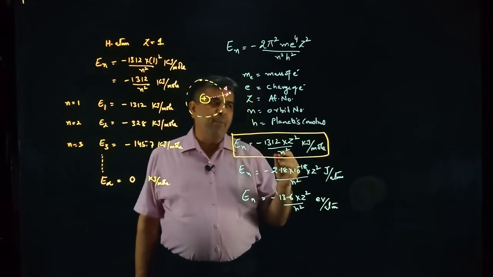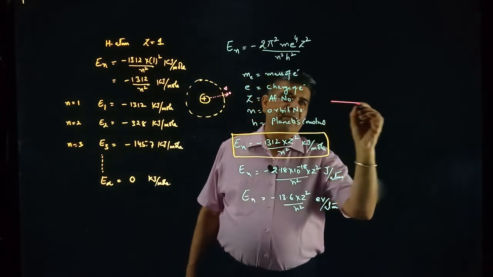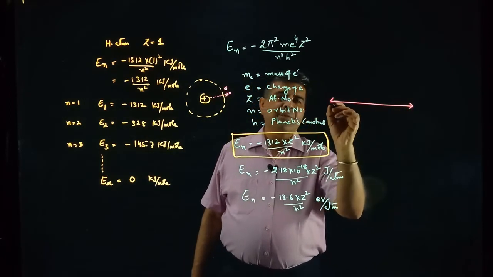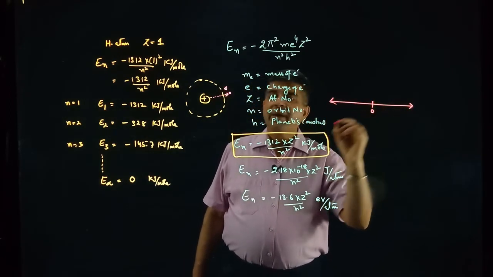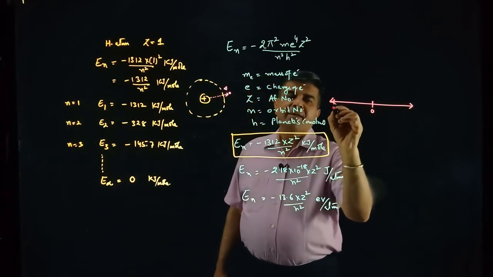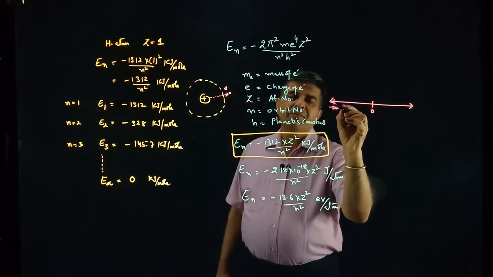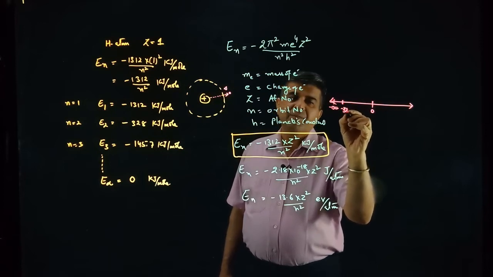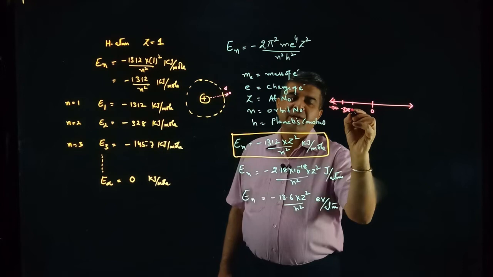Suppose I draw a number line, and on this number line say this is 0, and say this is minus 1312. Now this energy is say minus 328. Now this energy is say minus 145, and so on.